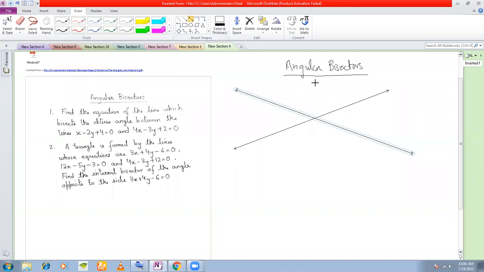It can have two bisectors. First is the bisector of the acute angle between the lines, where these two angles are equal, right? Let us call these original lines L1 and L2. This is the first bisector, say B1. What is the next bisector? The bisector of the obtuse angle.